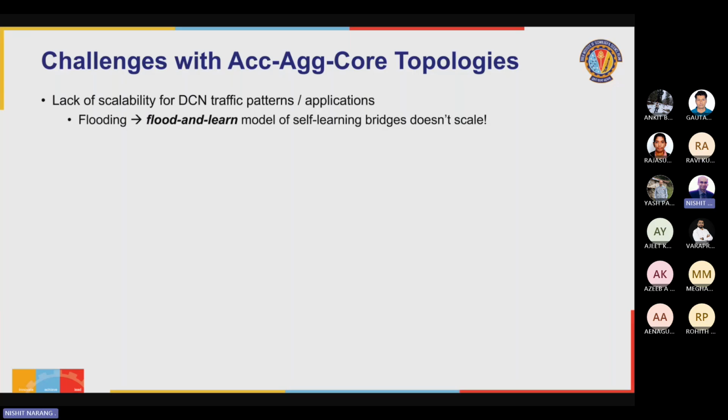As data center networks grow, last time we saw a video of a Google data center network where applications that Google has are becoming enormously popular and have so many subscribers that the servers handling the application are going to be huge in numbers, hundreds of them. So as the data center network grows, this flood and learn model of the self-learning switches doesn't scale because of the increase in the network size.